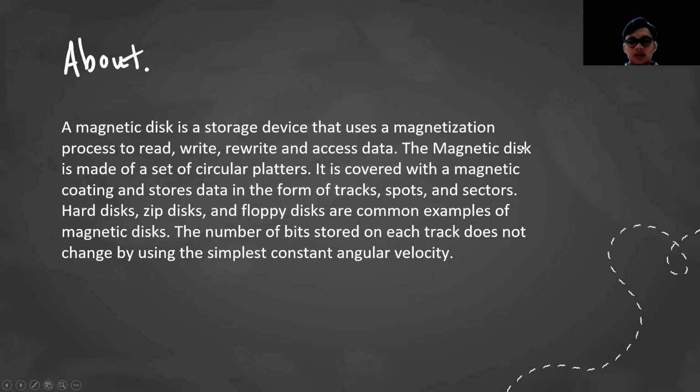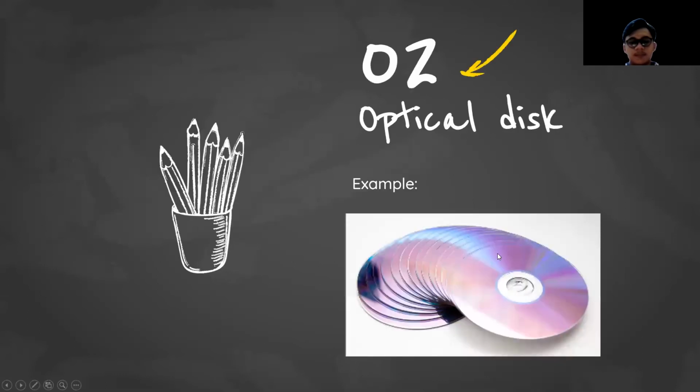It is covered with a magnetic coating and stores data in the form of tracks, spots, and sectors. Hard disk, zip disk, and floppy disk are common examples of magnetic disks. The number of bits stored on each track doesn't change by using the simplest constant angular velocity.